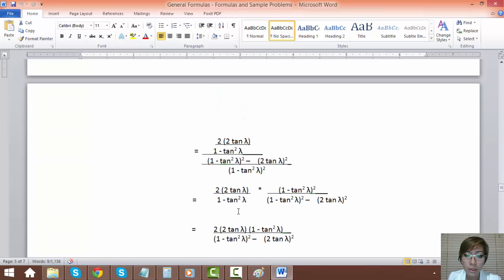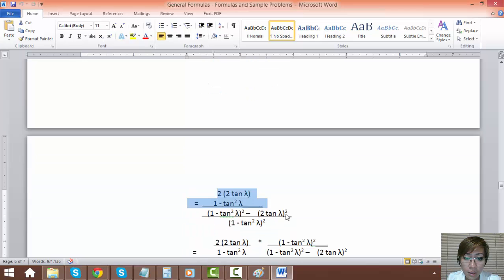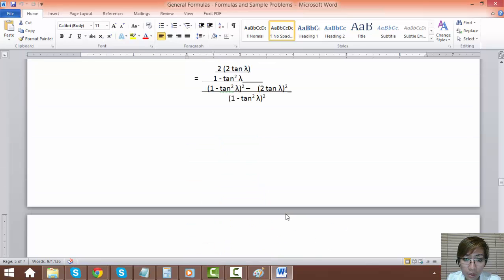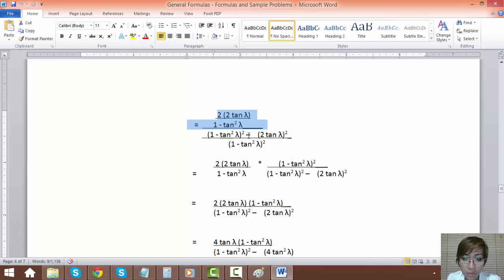So this is the numerator of the first fraction, 2 times 2 tangent lambda, and the denominator, which is 1 minus tangent squared lambda. Multiply it with the reciprocal of the second fraction, so this one should now be the numerator, which is 1 minus tangent squared lambda raised to the second power, and this is the denominator, which is 1 minus tangent squared lambda raised to the second power minus 2 tangent lambda raised to the second power.